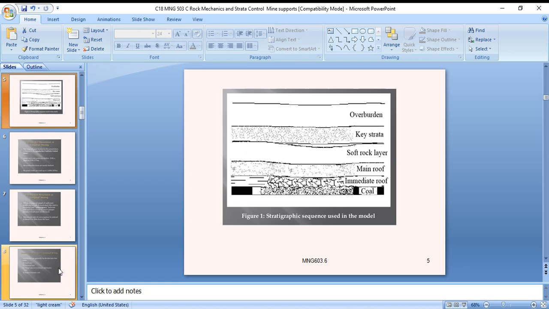You can observe here how, once the excavation has happened, the immediate roof is affected, how the main roof is falling, and also how the soft rock, the key strata and the overburden are falling. So the entire hierarchical effect is shown here. This is a new idea from the stratigraphic sequence model.